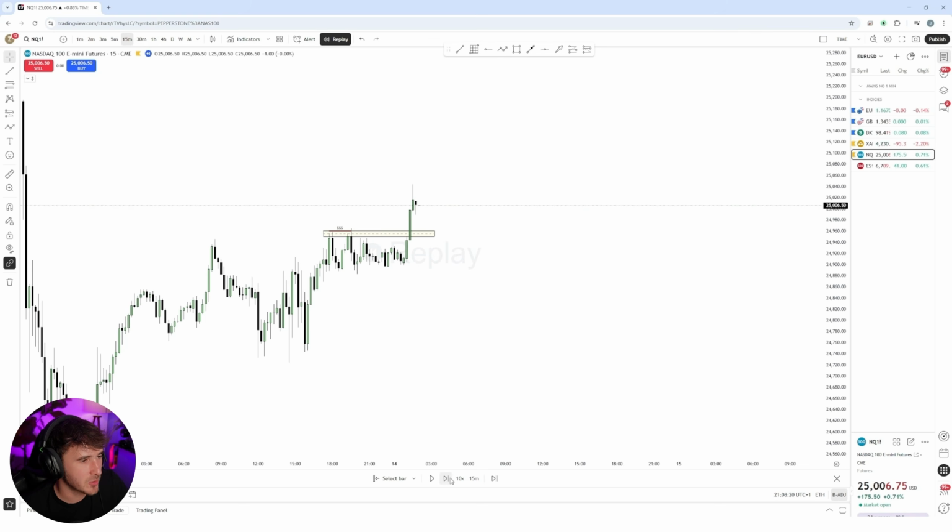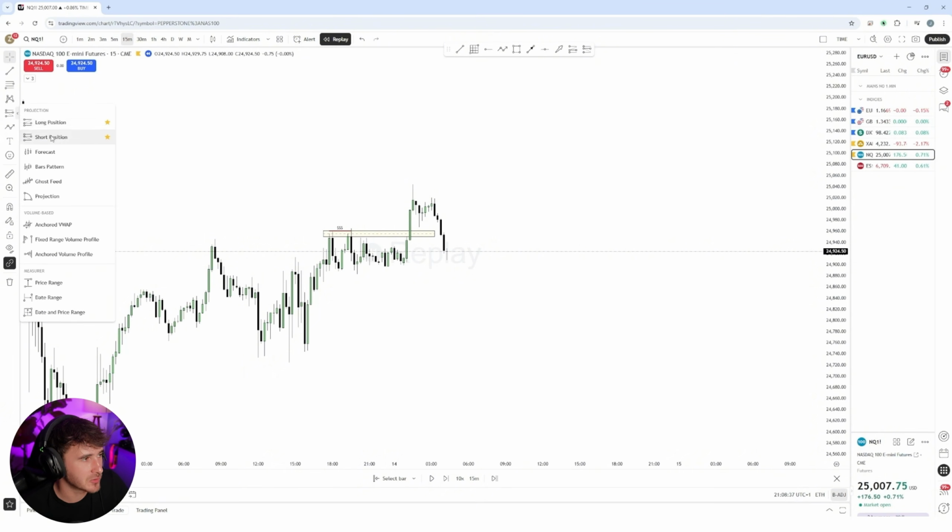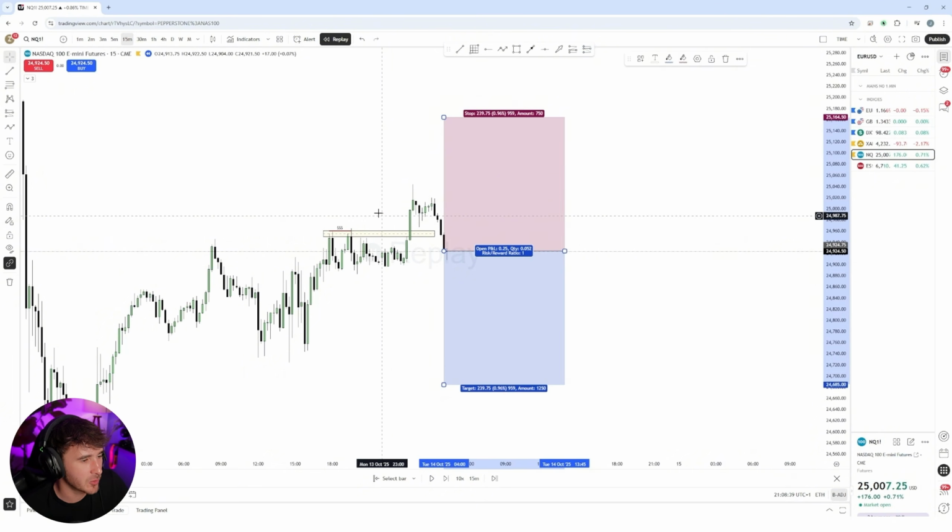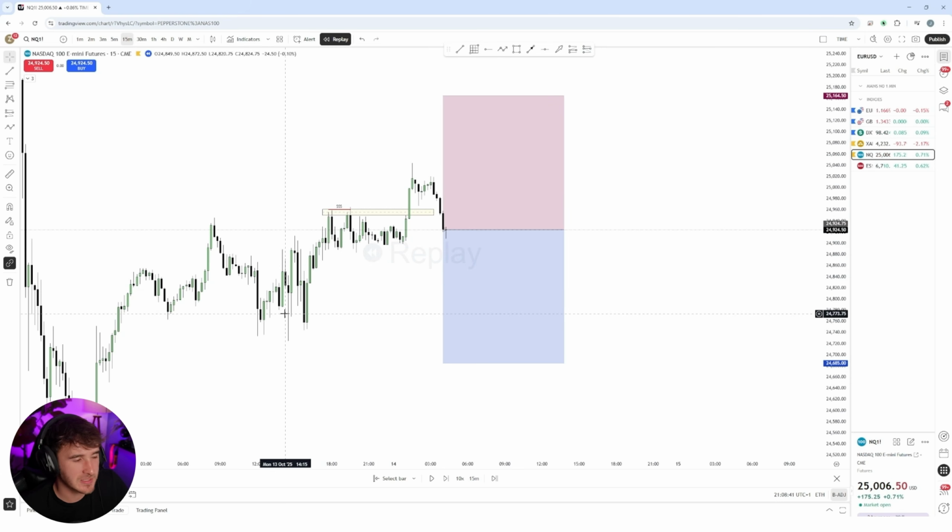Now price does push up through the liquidity pool, takes out the equal highs, and then these orders get filled. So how can we actually use this to our benefit? Once we see some kind of confirmation that this quick move up to the upside is a fake move, then we can look to short this down to our next liquidity pool. You might be wondering, where's the next liquidity pool?